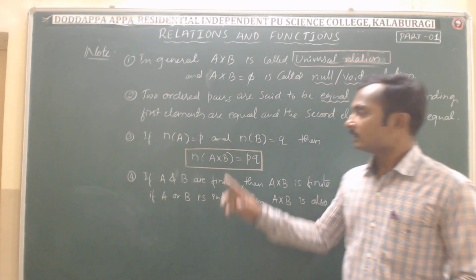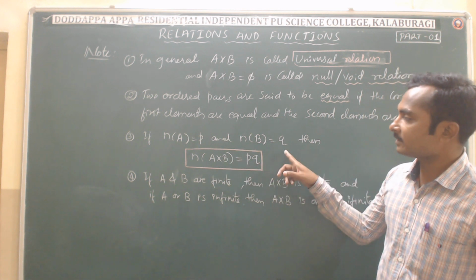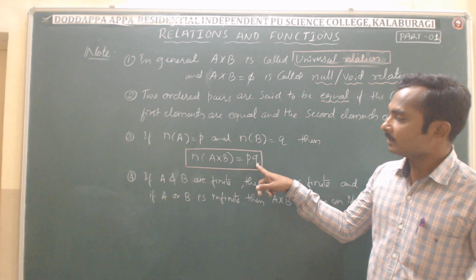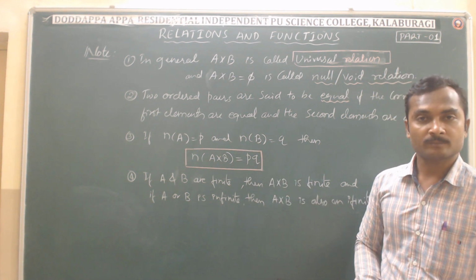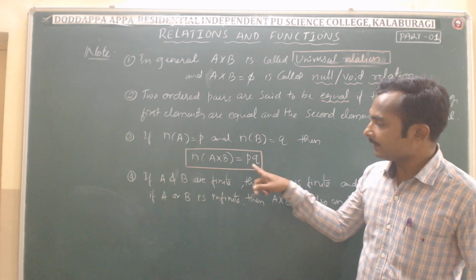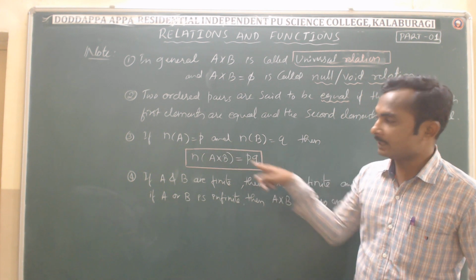If n(A) is P and n(B) is Q, then the total number of elements of the Cartesian product A cross B is always P into Q, which is the number of elements of set A times the number of elements of set B.